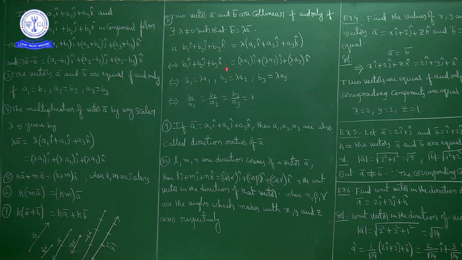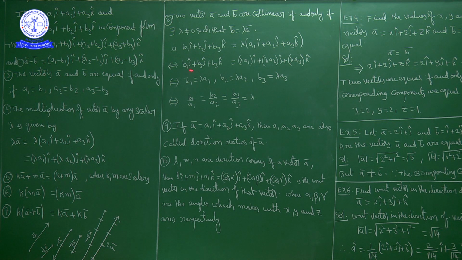Now what is my b bar? We consider b bar as b1 i cap plus b2 j cap plus b3 k cap, and that is equal to lambda times a bar. A bar is a1 i cap plus a2 j cap plus a3 k cap. If you multiply by lambda here, we get b1 i cap plus b2 j cap plus b3 k cap equal to lambda a1 i cap plus lambda a2 j cap plus lambda a3 k cap.